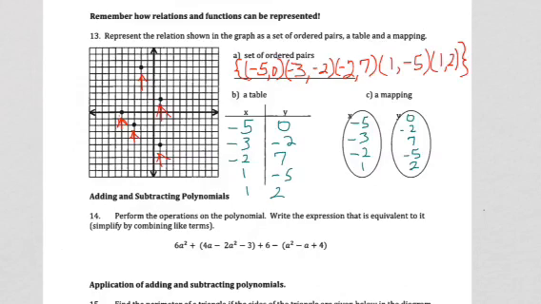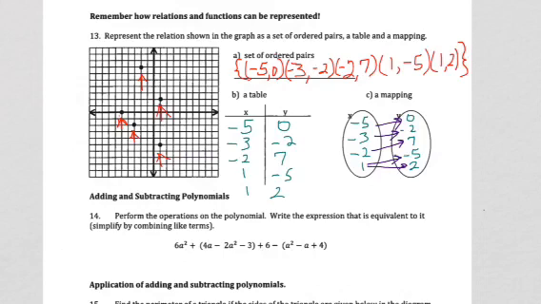Let's take a look at how those map out. -5 goes to 0, -3 goes to -2, -2 goes to +7, and then 1 goes to -5, and also to 2. So we know that's not a function because our x values repeat. In order for it to be a function, 1 cannot be both -5 and +2.